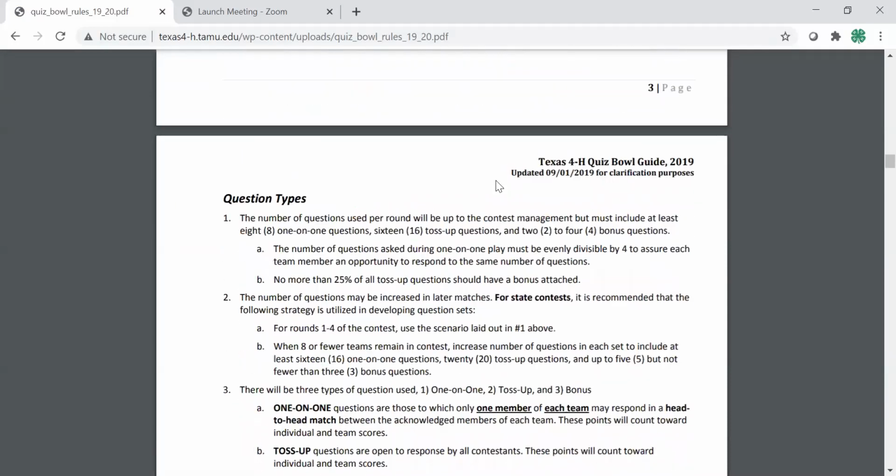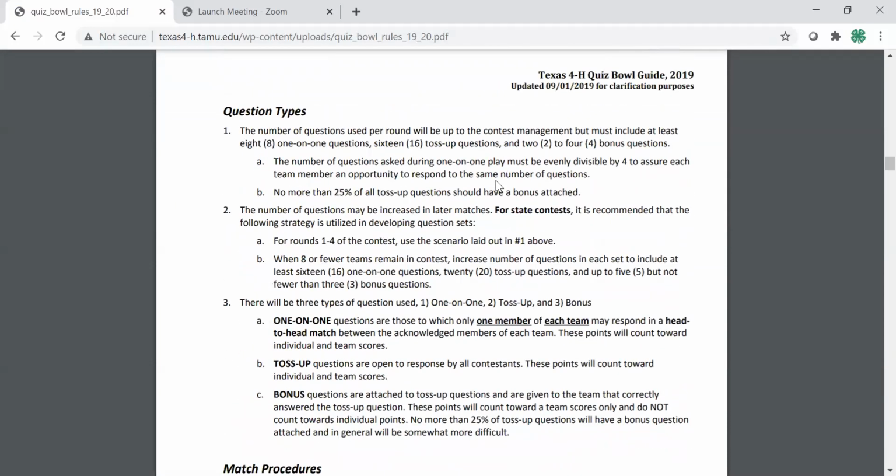Reference material, we're going to talk about that. Let's go to question types. There are 3 different types: one-on-one, toss-up, and bonus. The one-on-one is new in the past couple of years. Let's say you have team A and team B, with players 1, 2, 3, and 4 on each team.